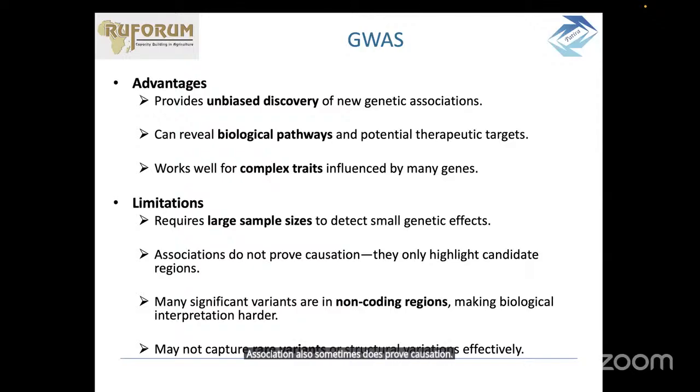They only analyze candidate regions. Many significant variants are in non-coding regions, so it makes biological interpretation harder. Why? Because biological interpretation mainly comes from the coding region. That's where you transcribe your messenger RNA, and then it gets translated into protein. Okay?